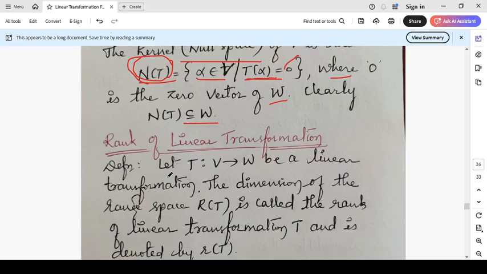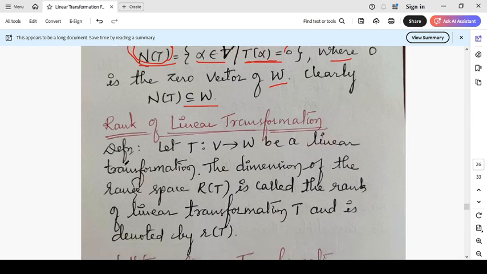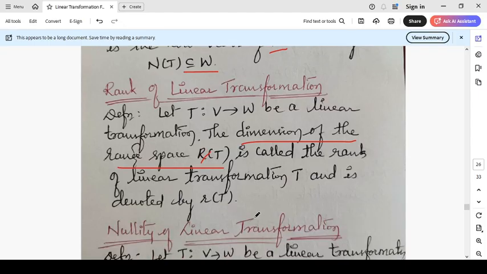Next we are going to move towards the rank of a linear transformation. The rank of a linear transformation is the dimension of the range space of T. The dimension of the range space R of T is called the rank of the linear transformation.